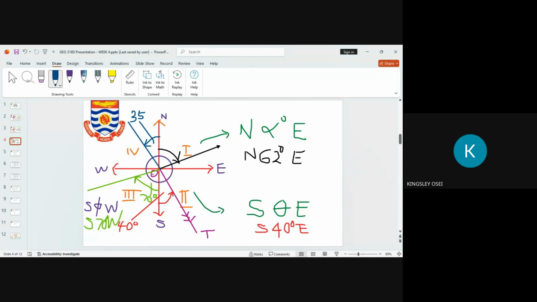So when we are here and in the fourth quadrant, the language is going to be as follows. From the north, move towards the west by how much? 35 degrees. So the bearing will be stated as north 35 degrees going towards the west.